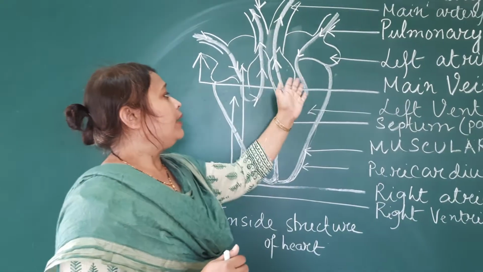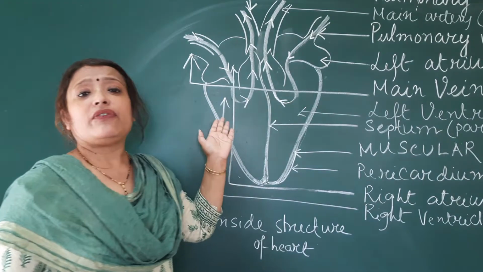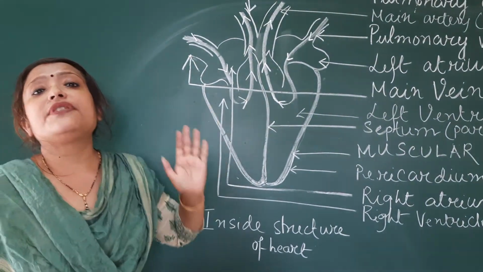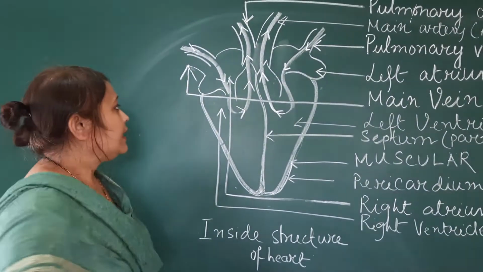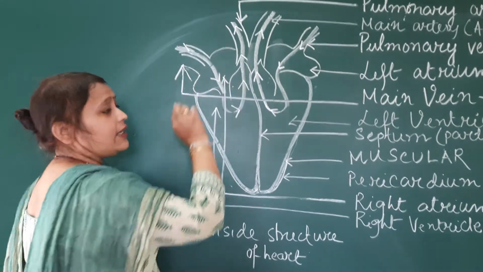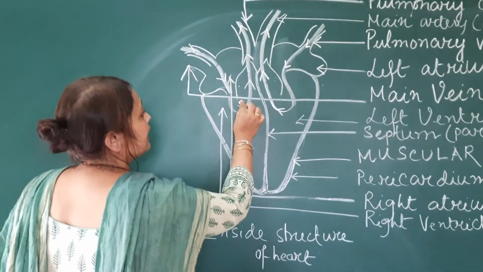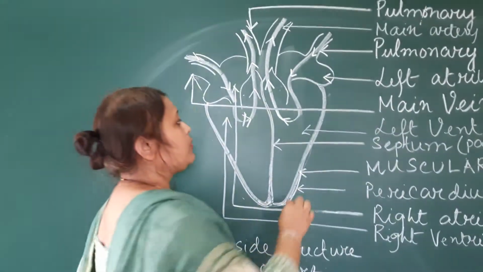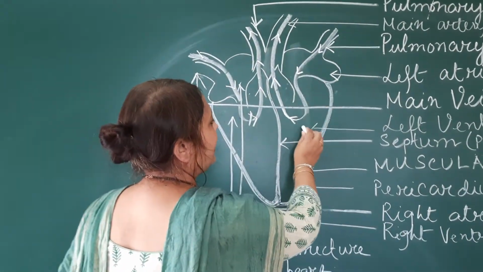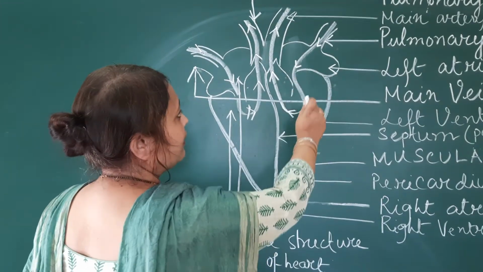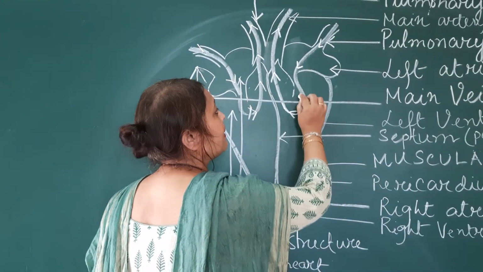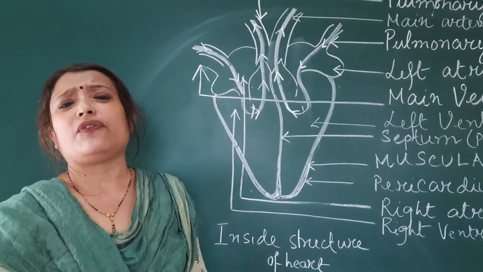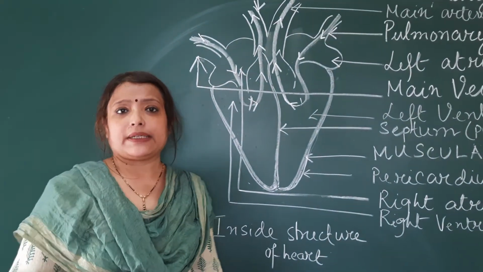In between the atrium and the ventricle, the valves of the heart are present. Between the right atrium and the right ventricle is the tricuspid valve, and between the left atrium and the left ventricle is the bicuspid valve. Details of this you will learn later.